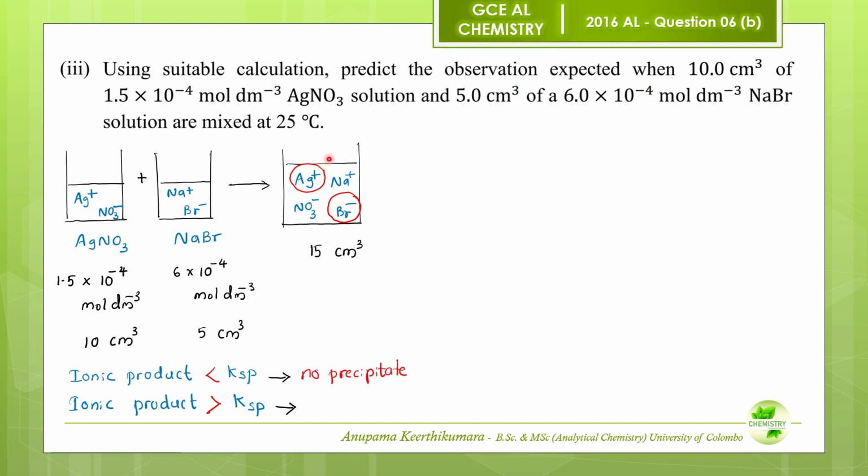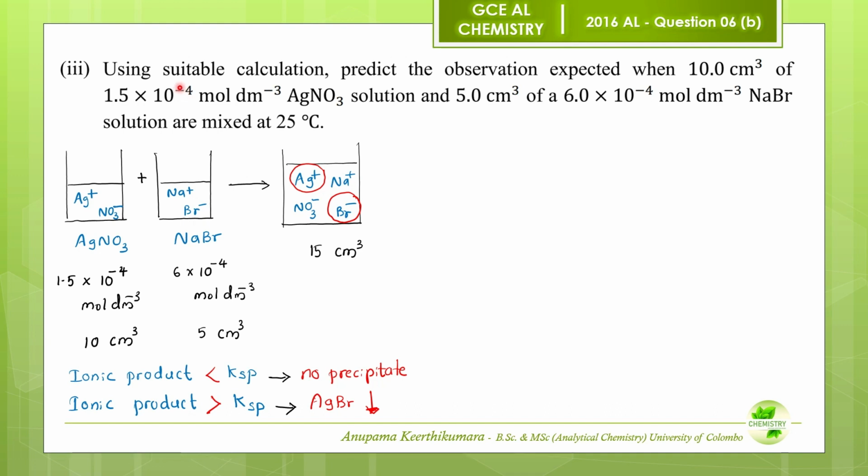If the ionic product of Ag+ and Br- in the final mixture is greater than Ksp, this solution is saturated and AgBr precipitate will be formed.